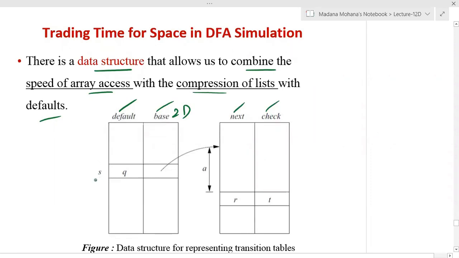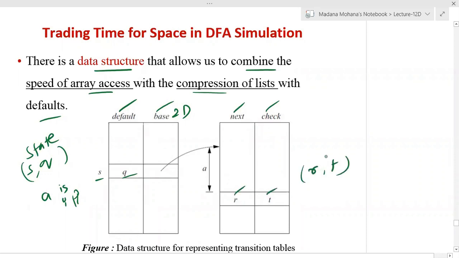First we'll take the states S, Q. Now A is the input symbol. Then by applying next and check, here you will get the next states.